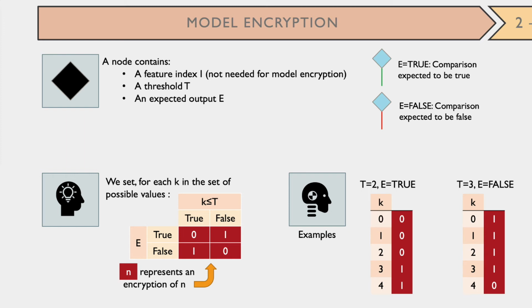In the second example, we have t which is equal to 3 and e which is false. So for all values that are not smaller or equal to 4, we set an encryption of 0, and for all the values that are lower or equal to 3, we set an encryption of 1.